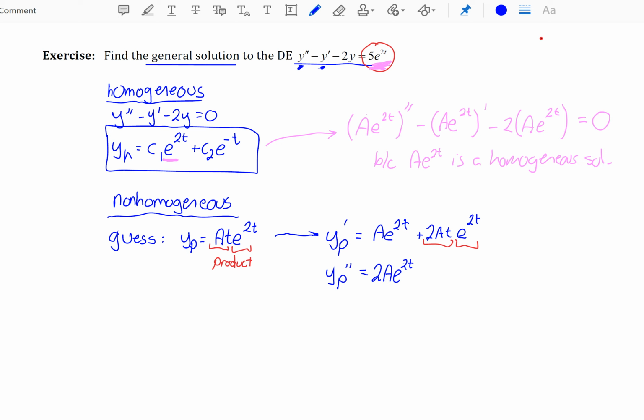The derivative of 2at is going to be 2a times the second regular, plus by the product rule, the derivative of the second, e to the 2t, times by the chain rule of 2. I think that'll make this a 4at e to the 2t, which I'd like to combine similar terms here and call this 4a e to the 2t plus 4at e to the 2t.